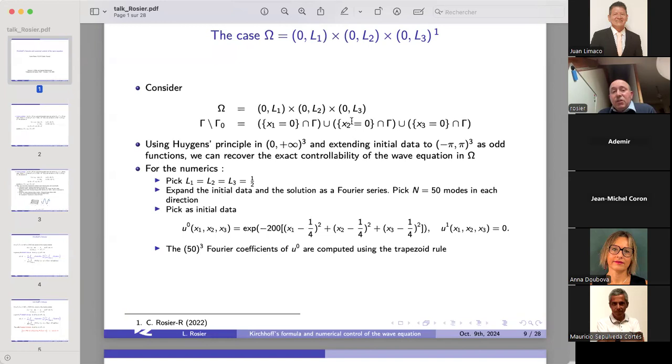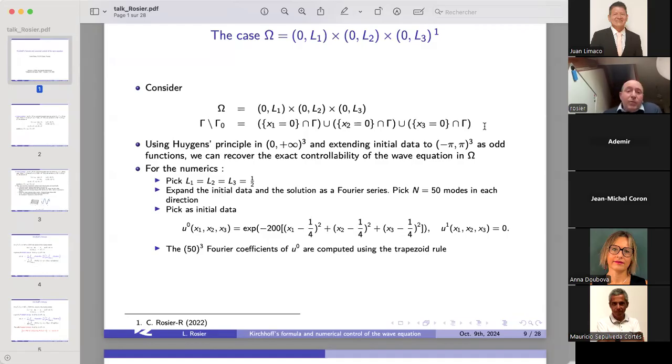The part where x1 equals 0 or x2 equals 0 or x3 equals 0 is a part of the boundary where we don't have any control, that is, the solution is 0. And so you control on these three other sides that are not denoted here. So you can use Huygens principle, and you just extend your solution as an odd function in x1, x2, x3, and this way you can recover the exact controllability, but more important, you can do numerics.